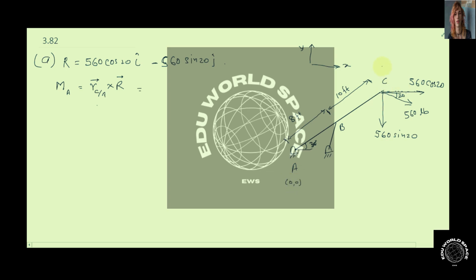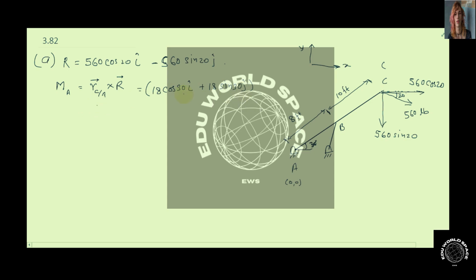Since the entire length AC is 18 feet, its horizontal distance will be 18 cos 30 and its vertical distance will be 18 sin 30. So we can directly write the position vector of point C with respect to A as 18 cos 30 i cap plus 18 sin 30 j cap.